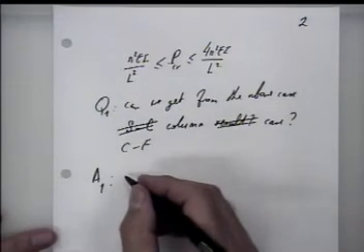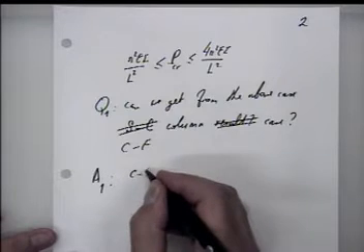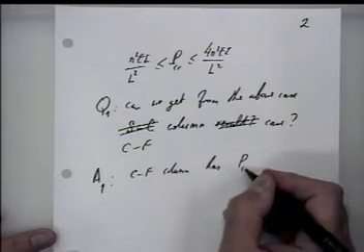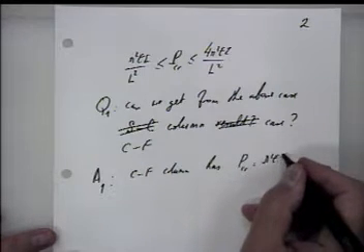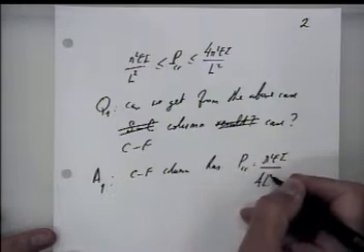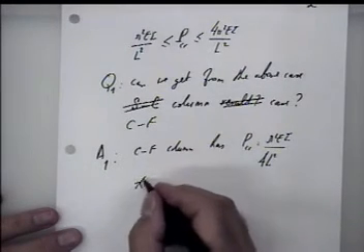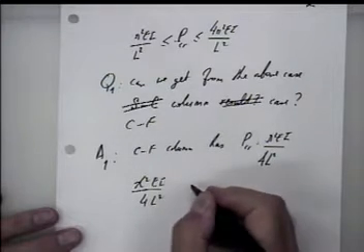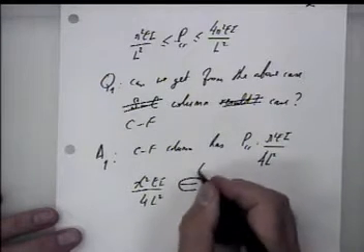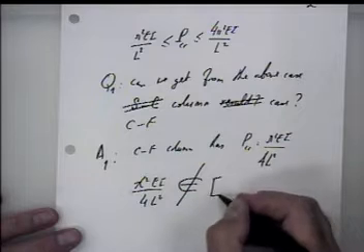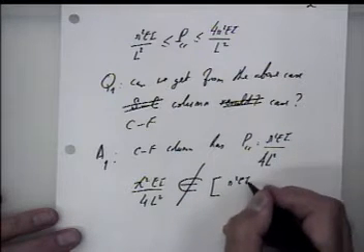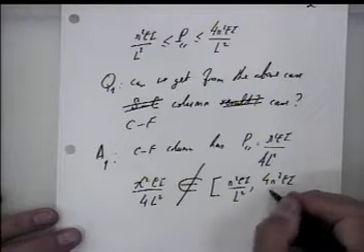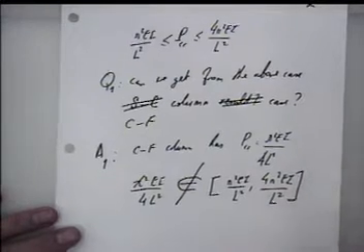Okay, so she says, Ms. Gentilini said that clamped free column has P critical equals pi square EI over 4L square, and this pi square EI over 4L square does not belong to this interval, pi square EI over L square to 4 pi square EI over L square.